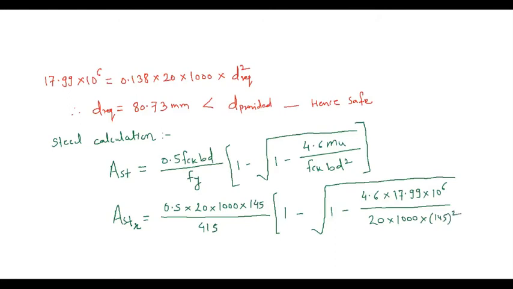So now if you solve this, you will get the bending steel in x direction, Astx, the value of steel in x direction. 321.53. So the answer is 321.53.